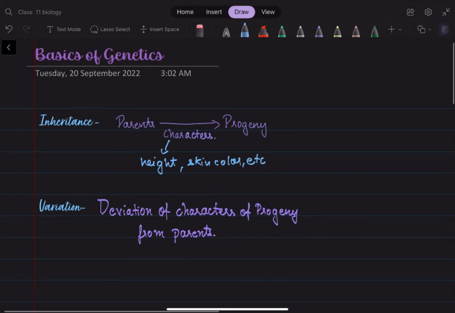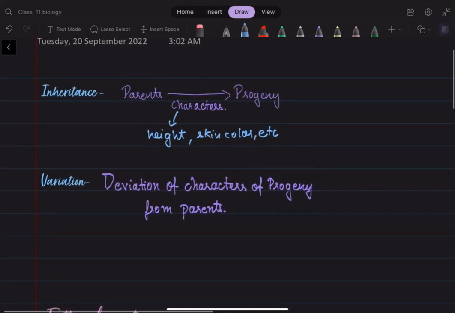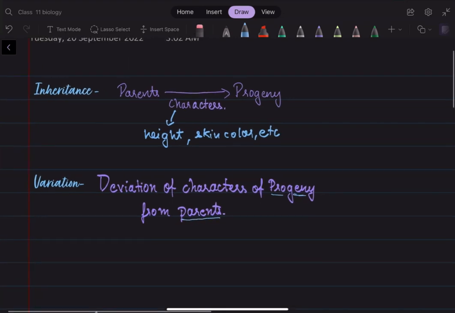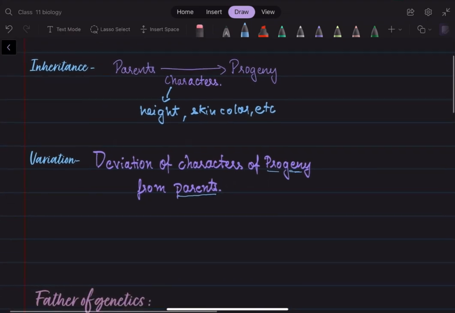Whereas what is variation? Variation is the degree by which the progeny or the offspring differs from their parent. That is the deviation of the progeny from the parent in its characters, right? So why is this seen?